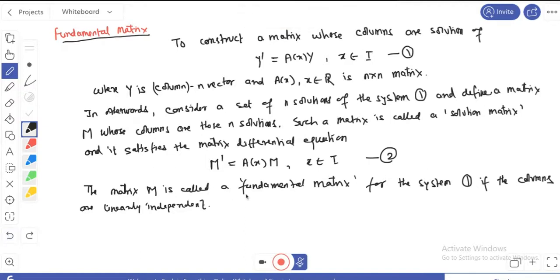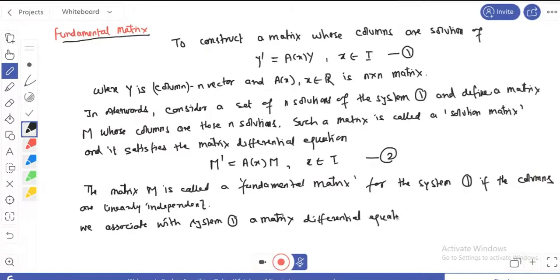Okay, so if we associate with system first a matrix differential equation, we can write y prime equals to this.